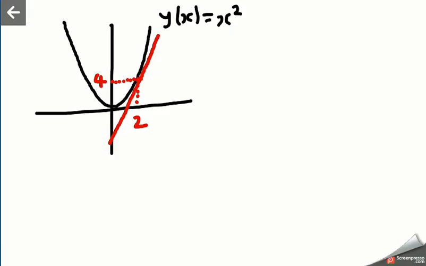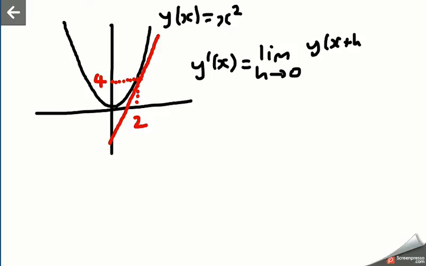Okay, so let's differentiate it. We know that for any x, I don't even need to put 2 in yet. We know that y prime of x is equal to the limit as h gets closer and closer to 0 of y of x plus h minus y of x, divided by h. Carry on our working here.